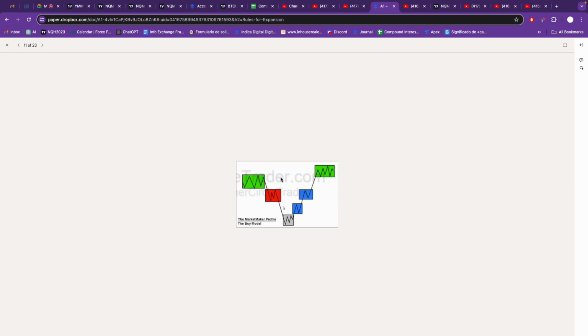Buy side liquidity is above here. Yeah, right here. Right here. On this side? On the right side? Okay.